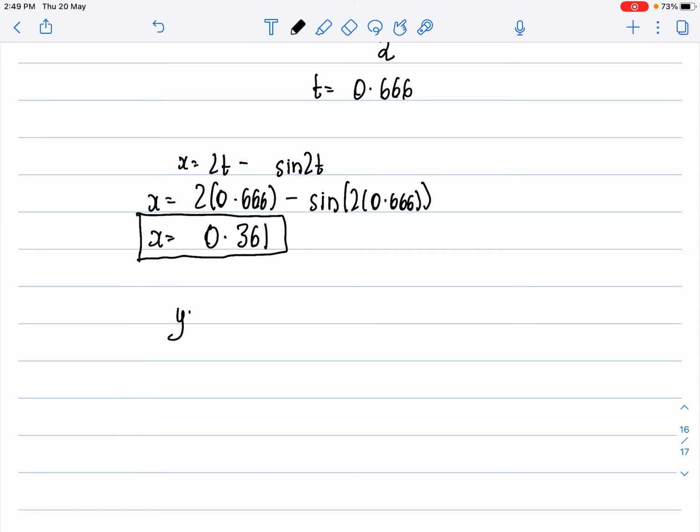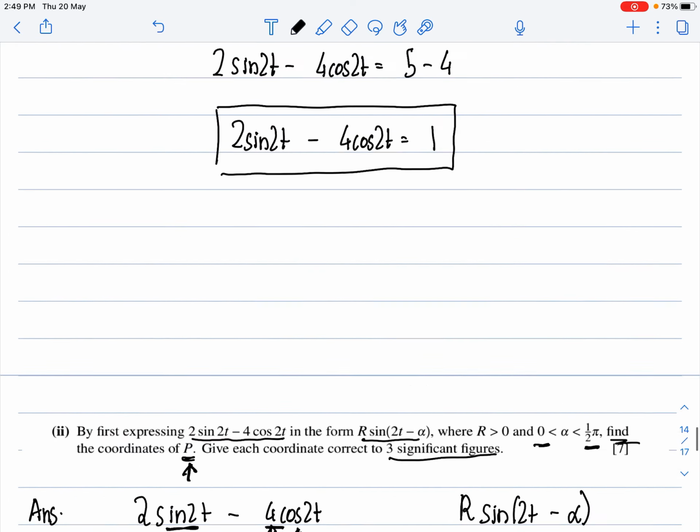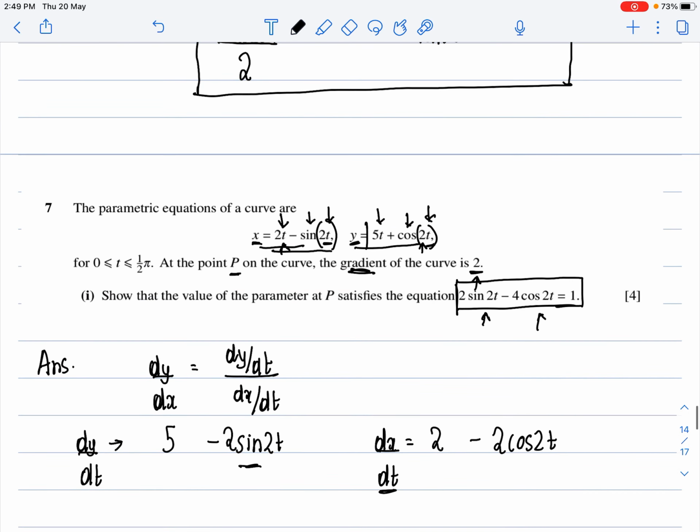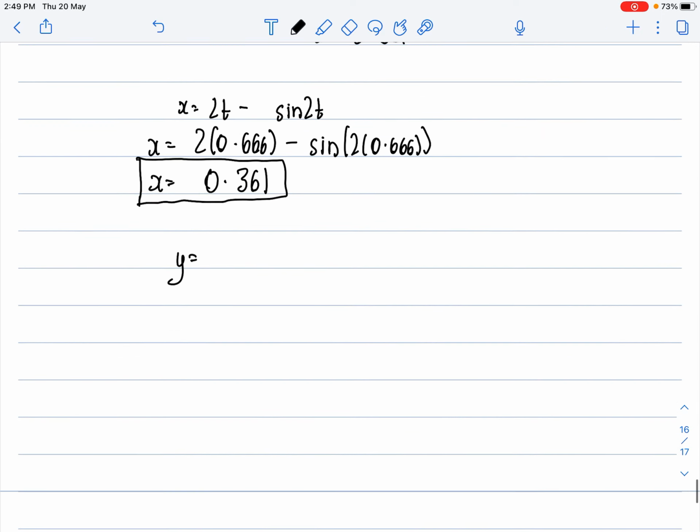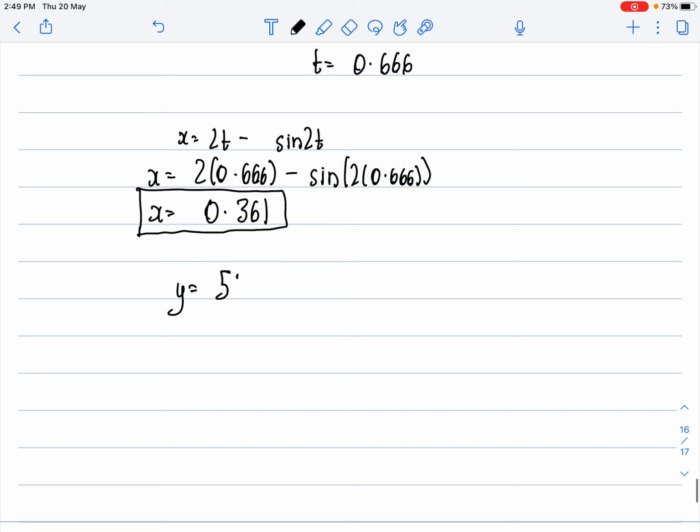Now I know y is equal to 5t plus cos 2t. So I can simply write this as 5t plus cos 2t. In the same way, I can substitute the value of t, which is 0.666.